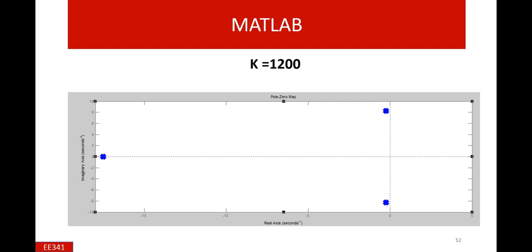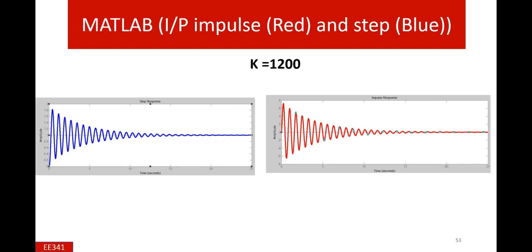In our case, suppose it is equal to 1200, then all the poles lie on the left half plane. With k equal to 1200, the system behavior is stable for both inputs, the impulse as well as the step input.